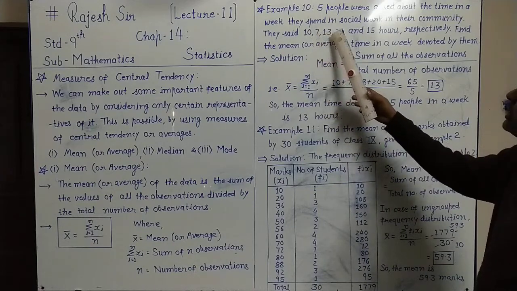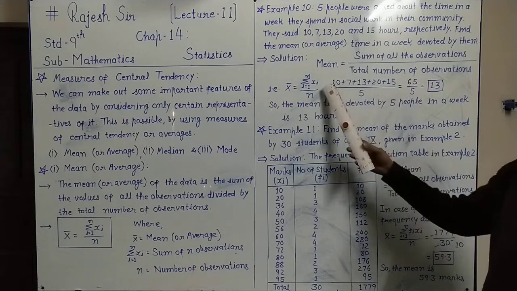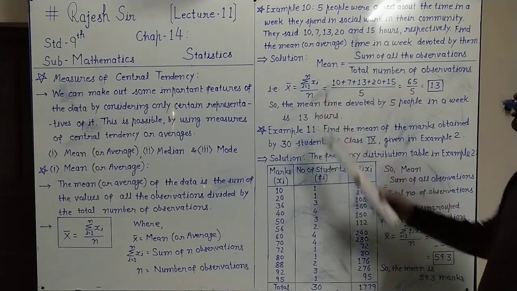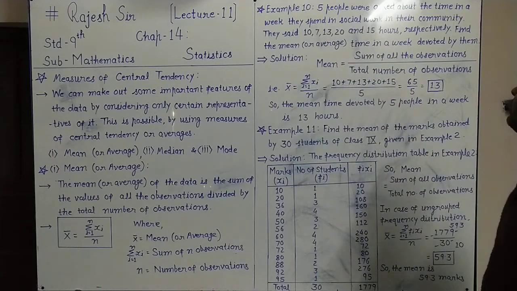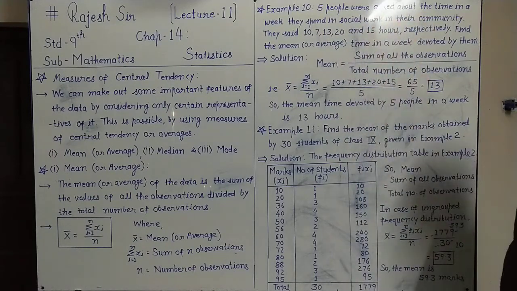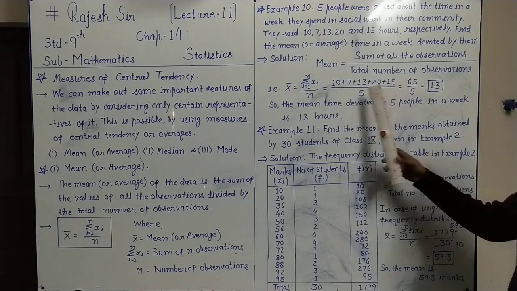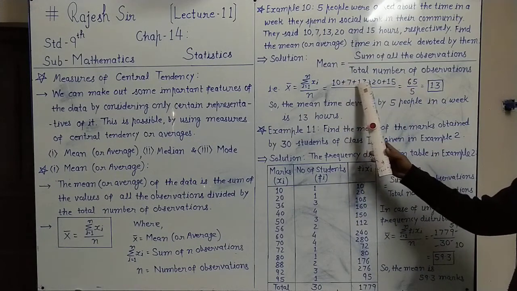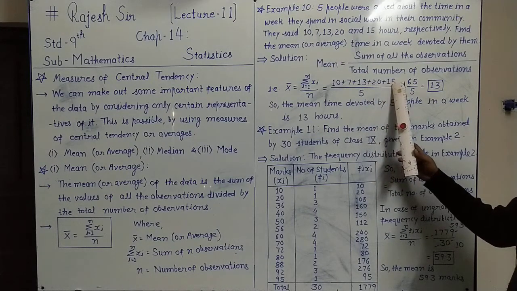Observations are 10, 7, 13, 20 and 15. So the sum is represented upon n, meaning the total number of observations. There are 5 observations, of 5 people's time, so 5 is down. Then the sum of all this is 10 and 7, 17, and 13, 30, and 20, 50, and 15, 65.